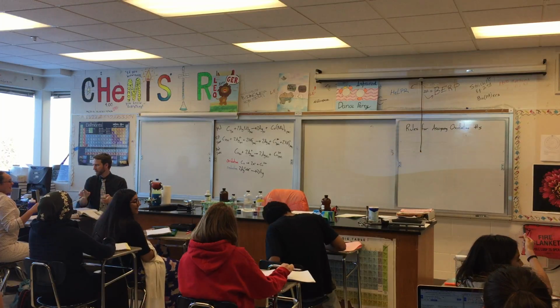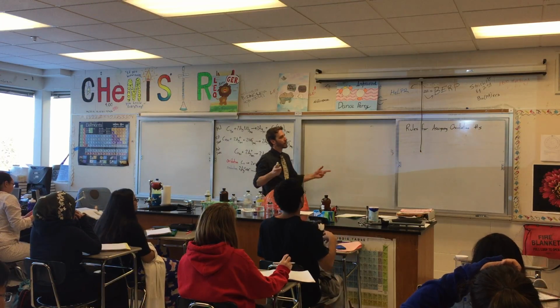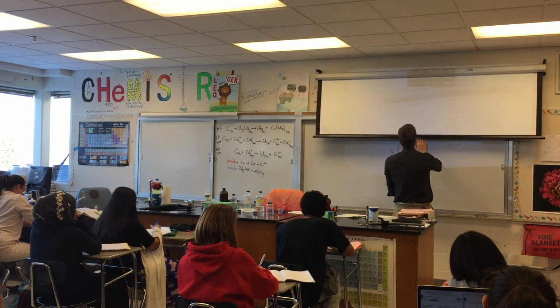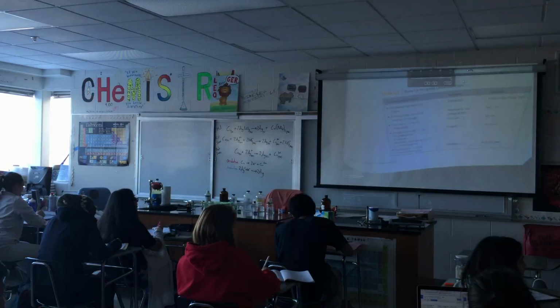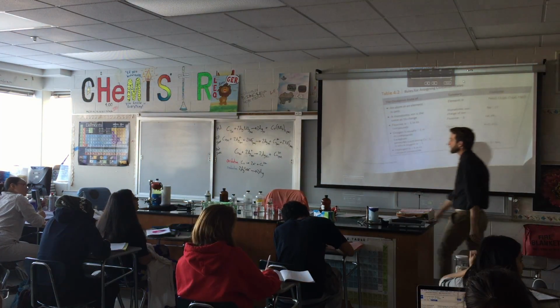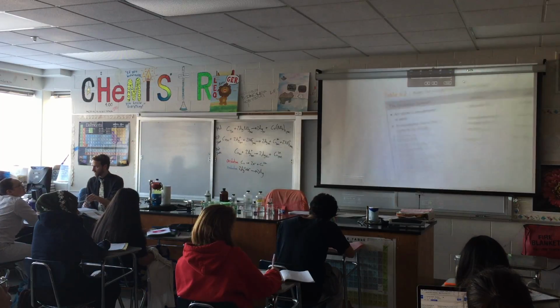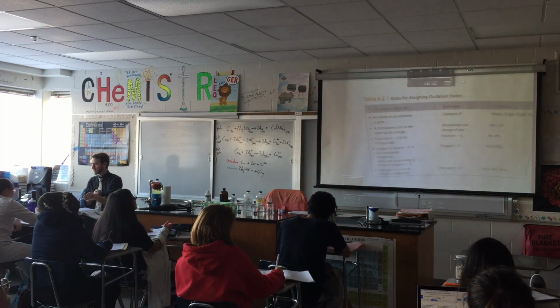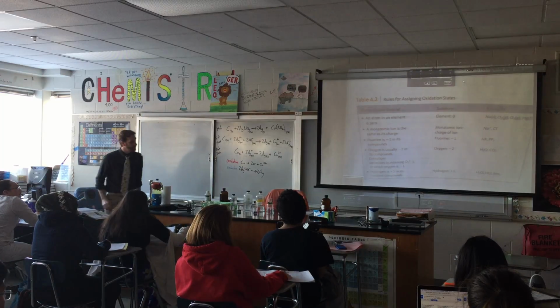Everybody wrote down what I just said. Page 171 is where you find these rules for assigning oxidation numbers. So I'm just going to put them up there, and you guys are going to, at your leisure, copy them, on your own time.